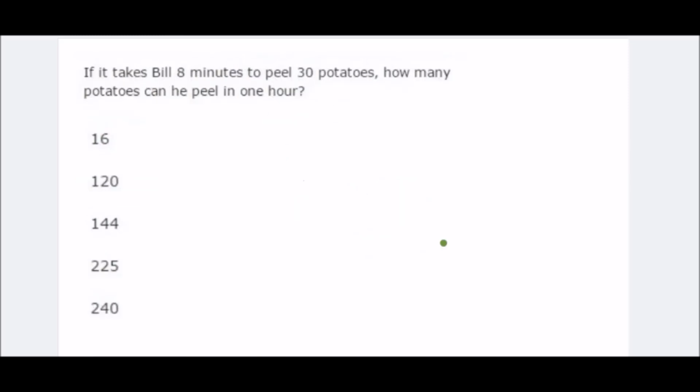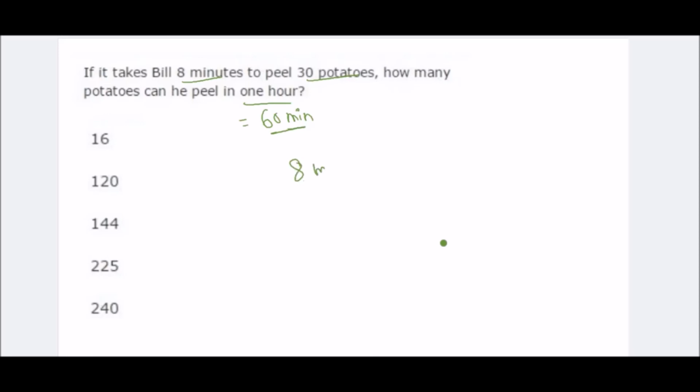So here is our next question. If it takes Bill 8 minutes to peel 30 potatoes, how many potatoes can he peel in 1 hour? 1 hour means 60 minutes. So we need to find out the number of potatoes peeled in 60 minutes.